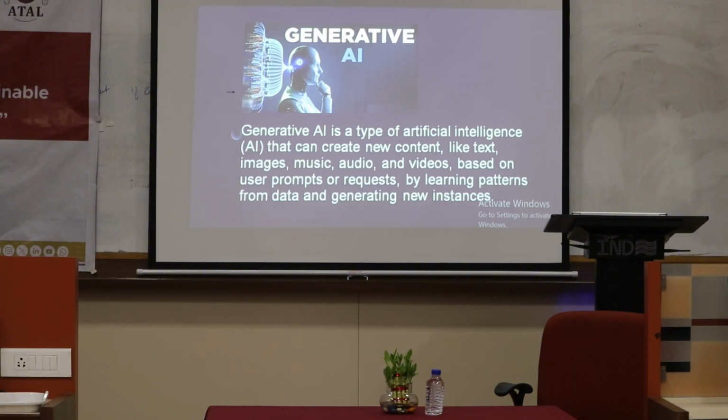Okay. So generative AI is a type of artificial intelligence that can create new content like text, images, music, audio, videos based on the prompts which you are giving. Correct? So you are giving the prompts and based on that your AI will generate what you want. You are generating images, you are generating your PPTs by using generative AI.